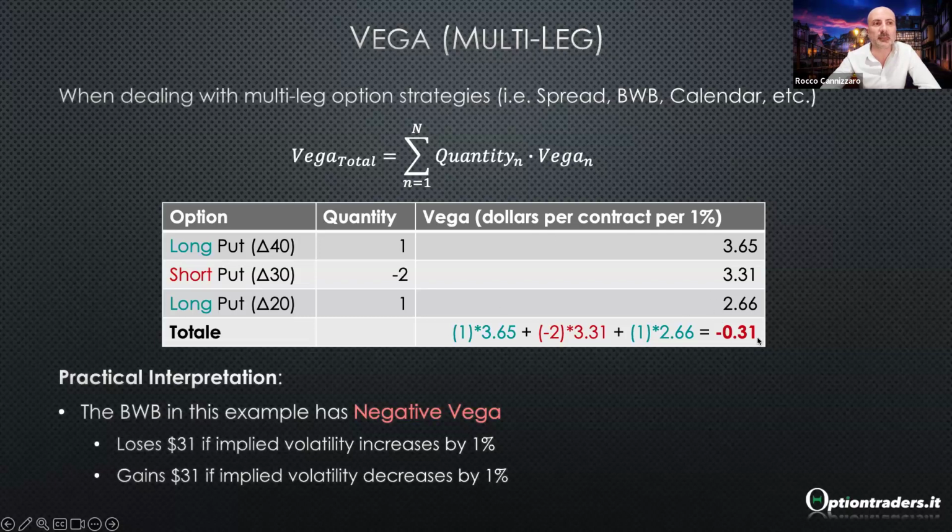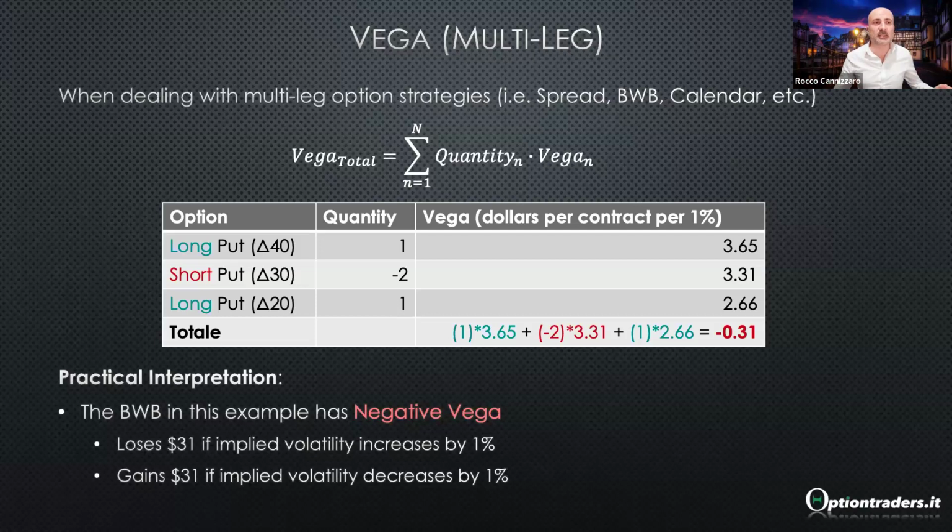This simple calculation in this example tells us that this butterfly has a negative Vega, which means it loses $31 if the implied volatility increases by 1%. Obviously, it gains $31 if the implied volatility decreases by 1%, everything else being equal.